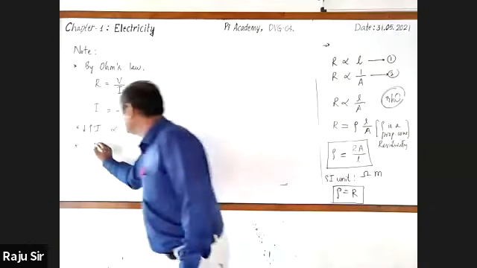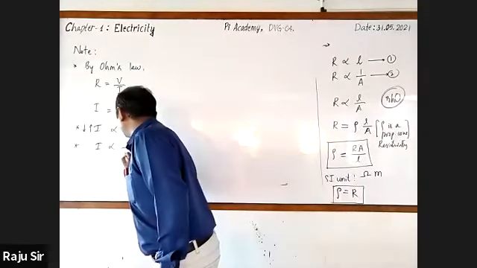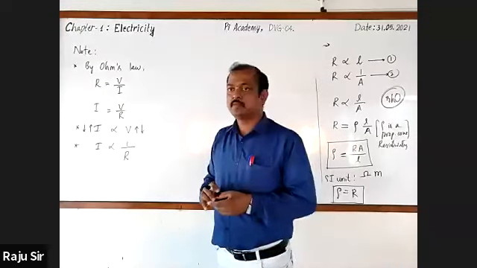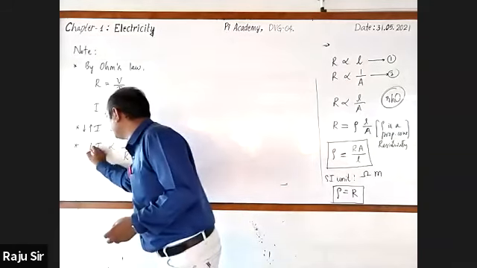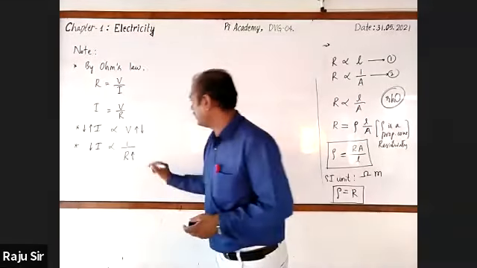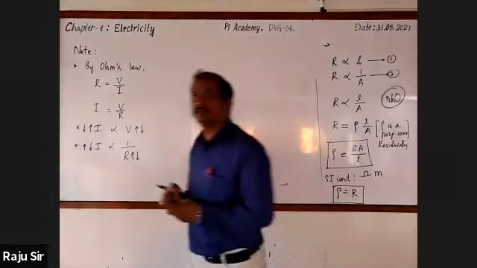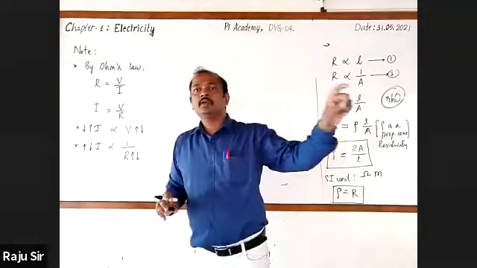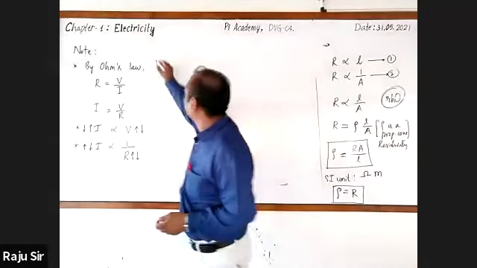Next point, I is inversely proportional to electric resistance. As resistance increases, current decreases. As resistance decreases, current increases. Instead of making you write in sentences, I've been showing it with symbols only.